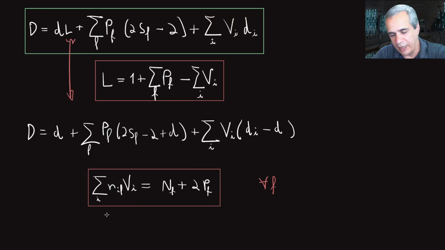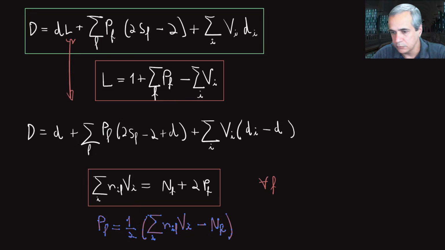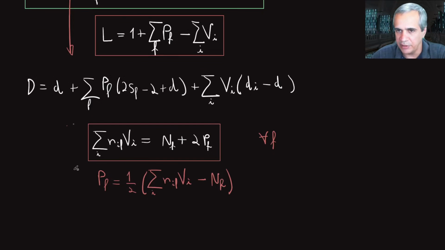This I can rewrite just isolating the propagator here. P_F will be half of this sum here minus N_F. And this expression now I can use up here. I can take my expression for the superficial divergence and substitute this number of propagators by this whole expression.